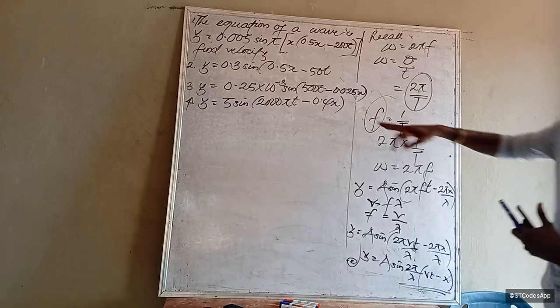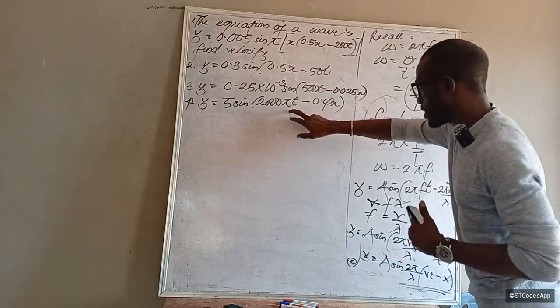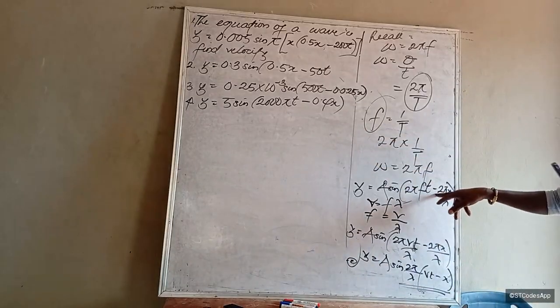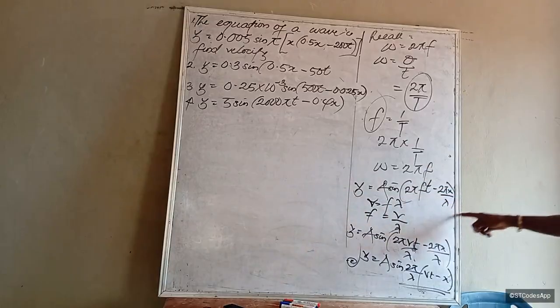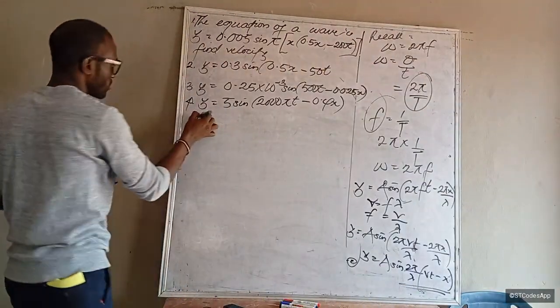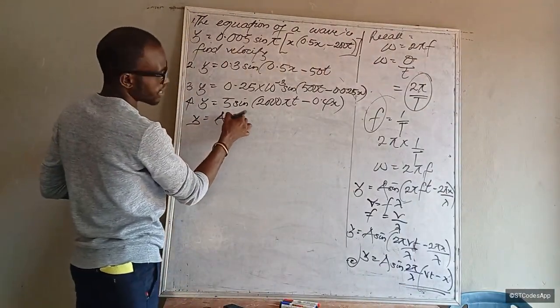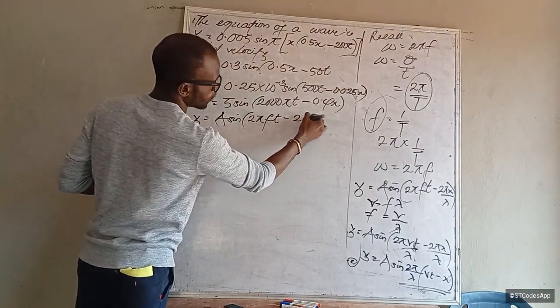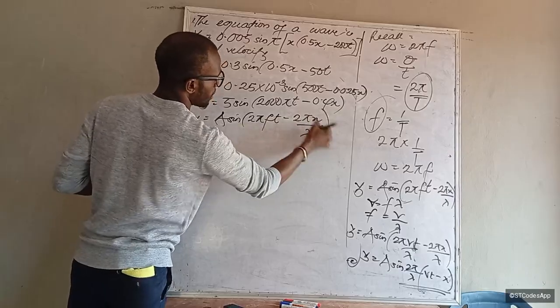In my opinion, seeing that pi is inside here, then it cannot look like this. It either looks like this or like this. Okay? So I'm going to go with this. So I'll now compare: y equal to a sine of 2 pi f t minus 2 pi x over lambda.